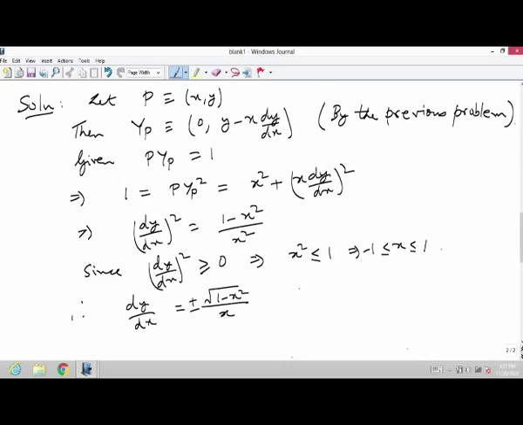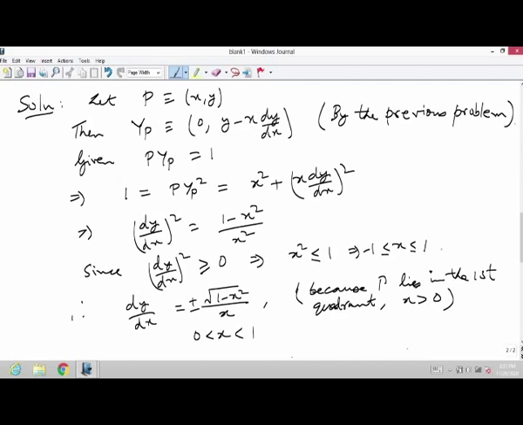Because gamma lies in the first quadrant, we have x bigger than 0. So, x is positive, x will lie in the open interval 0 to 1.